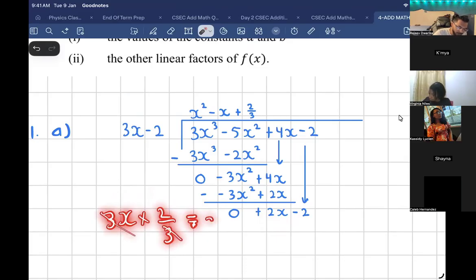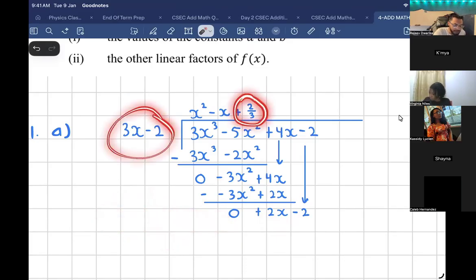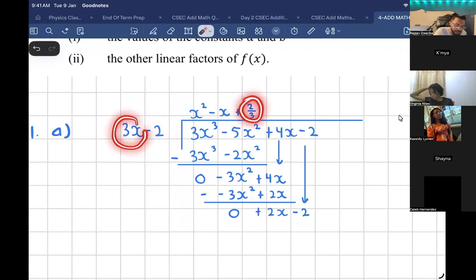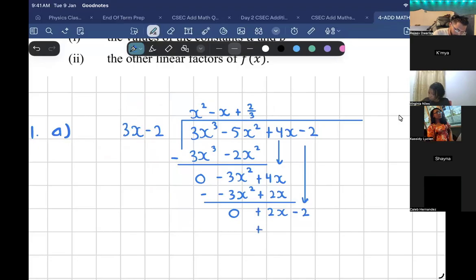Yeah, I get back 2x. So that's why I put 2 over 3 here. So when I'm multiplying the 2 over 3 by everything here, the 2 over 3 by 3x is going to give me 2x.